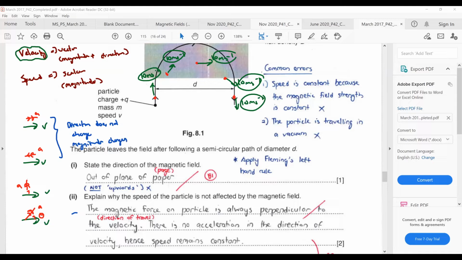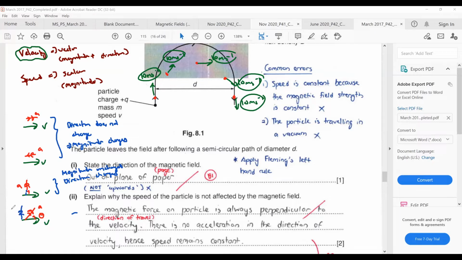Magnitude changes. But for this one, the acceleration is perpendicular to your direction of motion, your velocity, so the magnitude is unchanged, but the direction changes. And then you're talking about the last case here, where you have the acceleration at a certain angle.